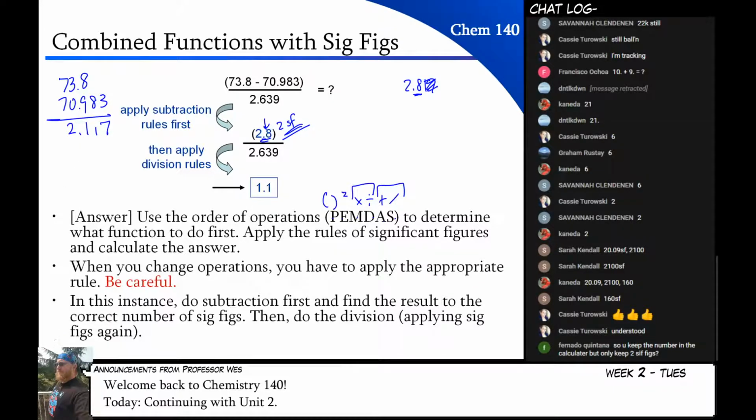I gotta do that again. There we go. That's what I meant to write. When I do this subtraction here, I don't get to keep this because this is a question mark. I don't get to keep that one. I get to keep this value as my answer, so I should have 2 sig figs for my result.